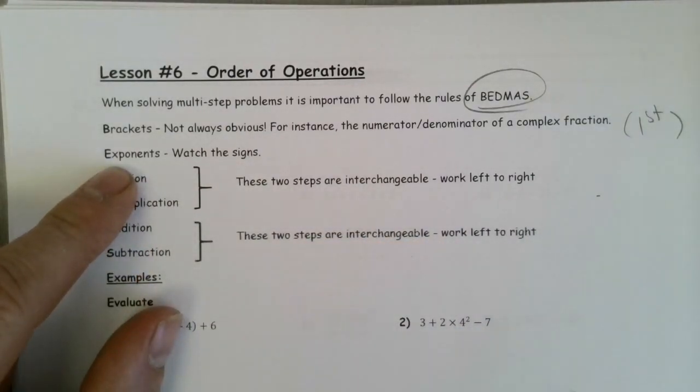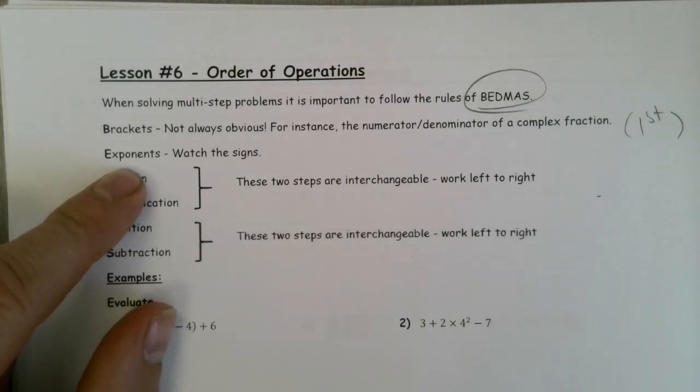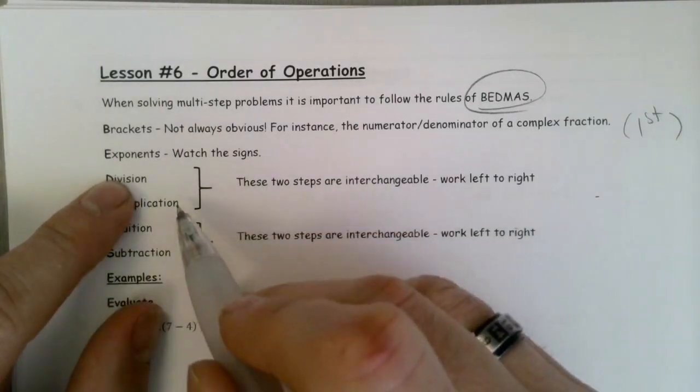It's a shortcut form for doing multiplication over and over again. We want to do the shortcuts first because it simplifies expressions quicker. That's our goal, to reduce things down as quickly as we can. So exponents are the shortcut form of multiplication.